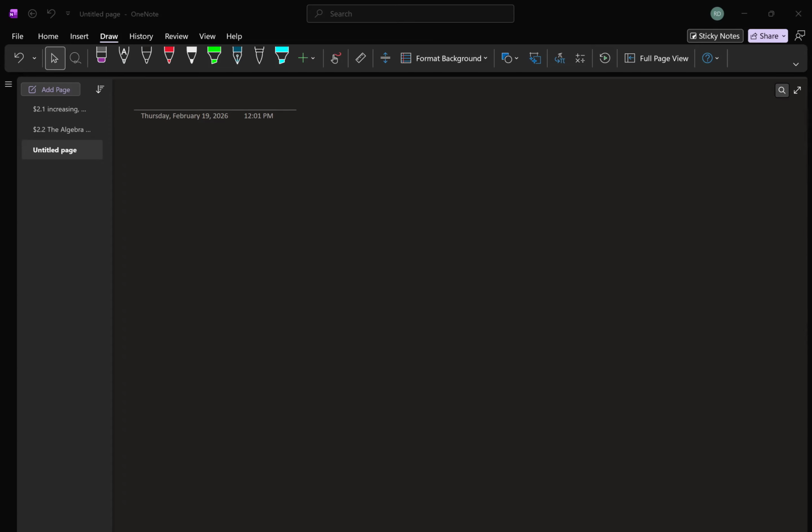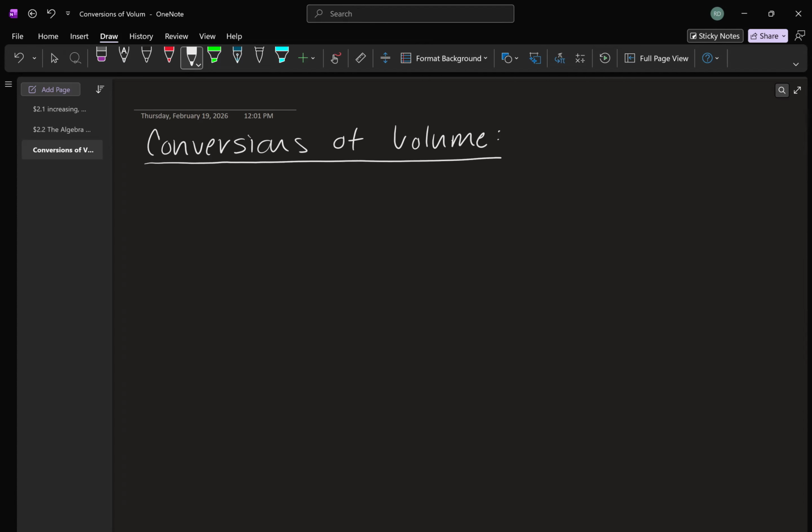So just to finish off the chapter 8 material that we didn't get to in the last class, let's go over conversions of volume. So just like when we had our two-dimensional areas that we had to convert by squaring everything, when we have three-dimensional volumes that we need to convert, we need to cube everything.